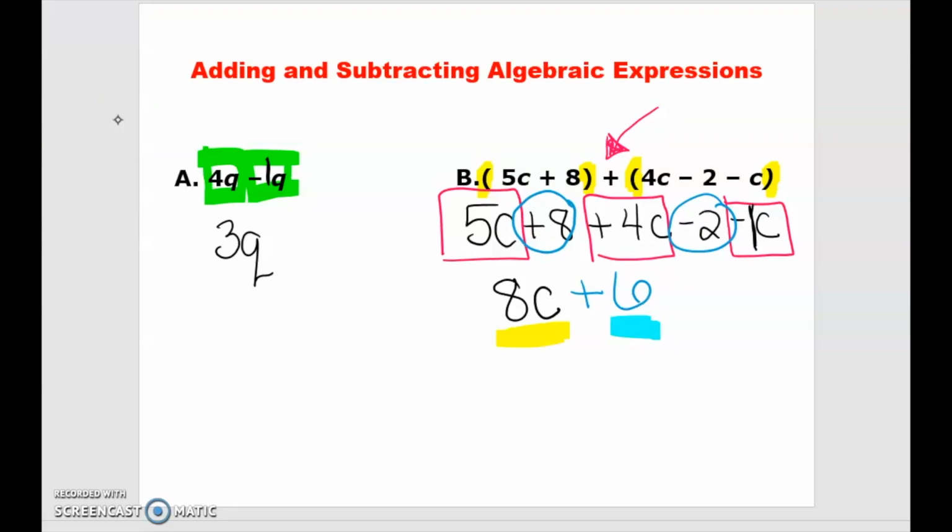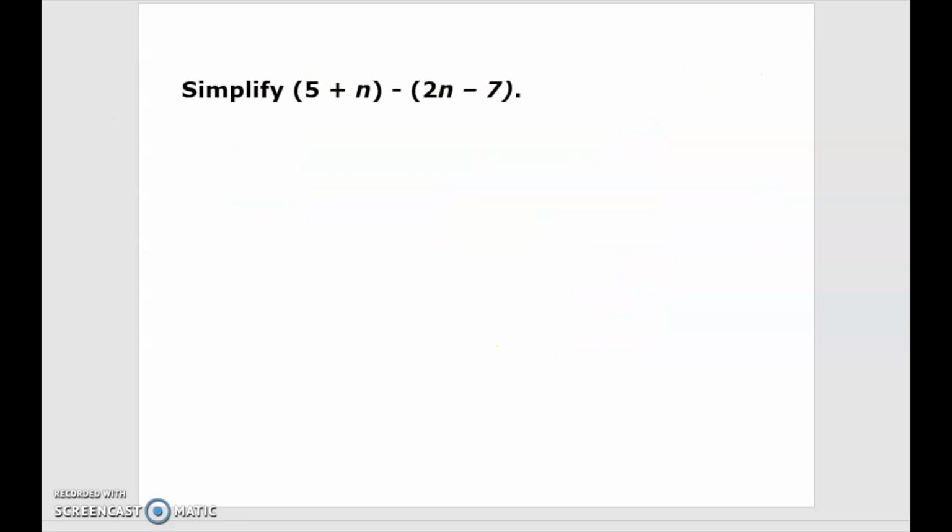Now let's see what happens when we change the addition sign to subtraction. So again, anytime there's parentheses, you need to stop and think, why are those there? Well, in this case, they're there because that negative is going to be distributed to every single term inside the parentheses.